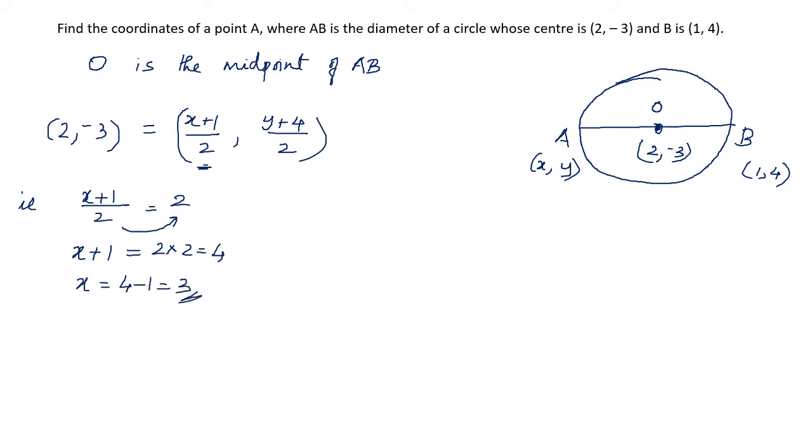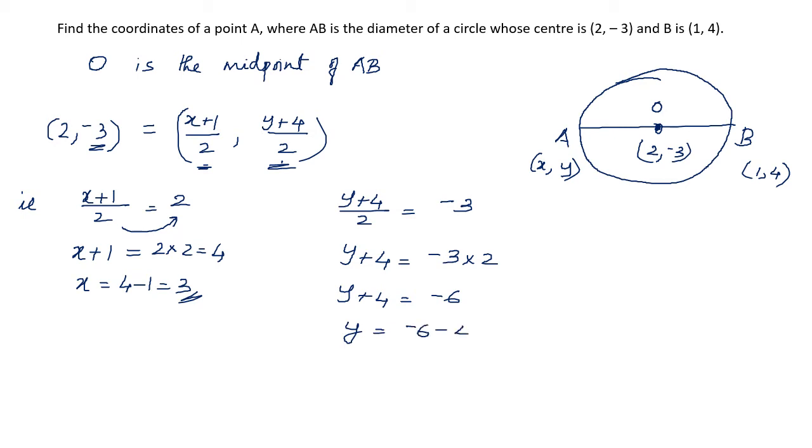In a similar way, you take y. y plus 4 by 2 is equal to what? This is the y term, minus 3. y plus 4 by 2 is equal to minus 3. Now y plus 4 is equal to minus 3 into 2. That is y plus 4 is equal to minus 6. Now y is equal to minus 6 minus 4. What is the answer? Minus 10.